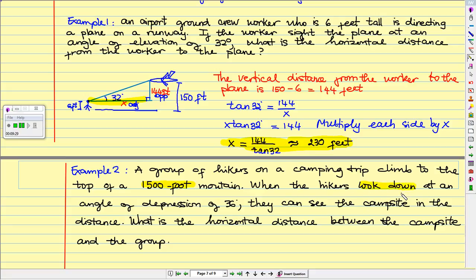When the hikers look down, the angle formed by the horizontal line and the line of sight will be the angle of depression. At the angle of depression of 36 degrees, they can see the campsite in the distance. What is the horizontal distance between the campsite and the group?